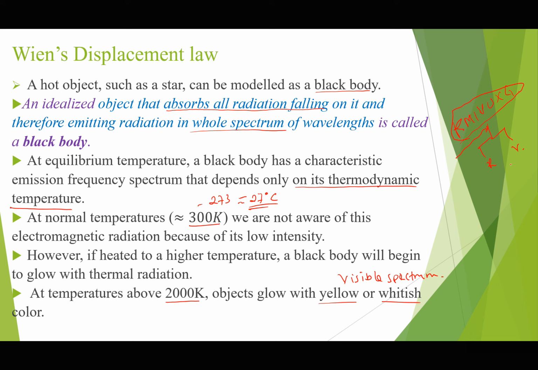So at temperatures above 2000 Kelvin, objects will start glowing. You see yellow, you see whitish in color, because now the temperatures are extremely high. A simple demonstration of this can be illustrated here.